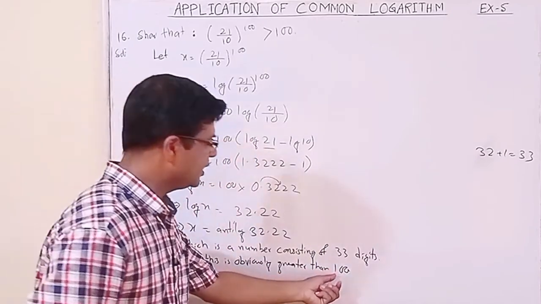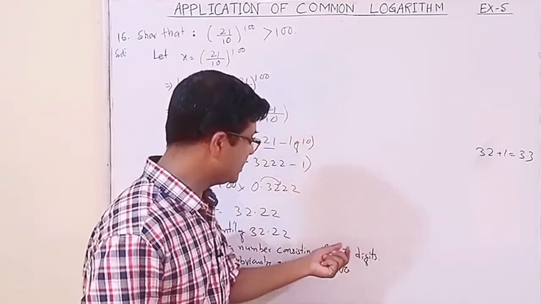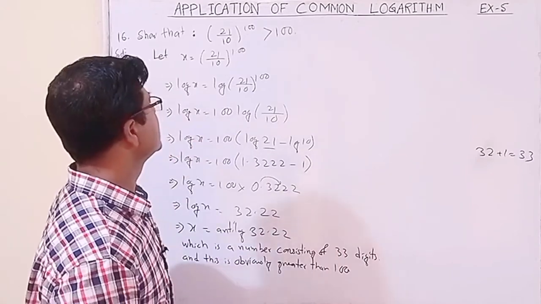Okay, this 100 consists of only 3 digits, and this is a number consisting of 33 digits. Can you imagine?